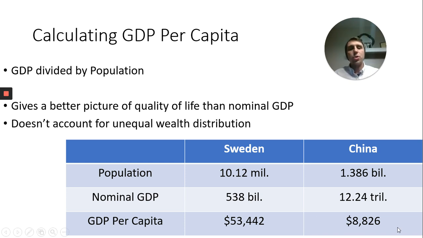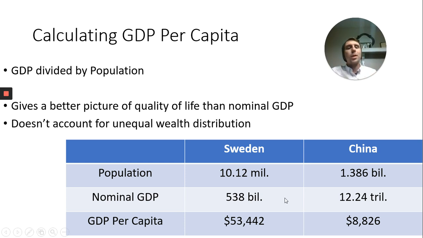Meaning, if I were to just look at how much is being produced in the country, I would say, my God, China has a significantly stronger economy. It must be a much better place to live in. The quality of life must be higher. People in that country must be able to afford so much more. And that would make sense because they make so much more stuff, right?